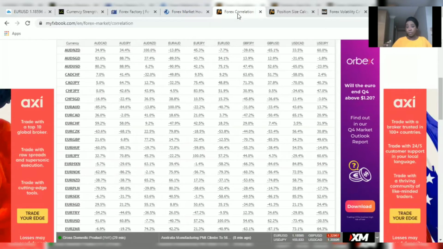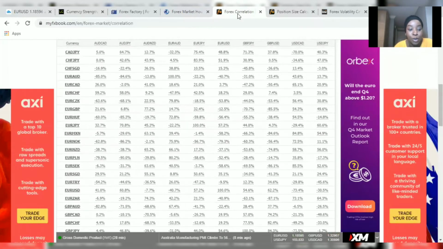So the more positive it is, that means that currency pair is moving in the same direction as the currency pair you're interested in. So for example, if your currency pair you're working with right now is Euro USD, I can come right here and check which one is 100% moving in the same direction as the Euro USD.